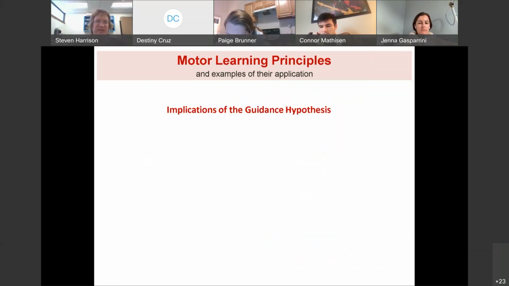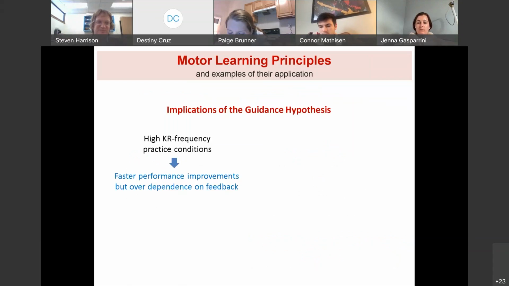Okay, so what are some implications of the guidance hypothesis? The guidance hypothesis says that if you have high knowledge of results frequency practice conditions, then the consequence you're likely to see, and this is the consequence we saw throughout the results we looked at, is faster performance improvements. While you're actually being trained and receiving the feedback, it's going to look like you're performing better.